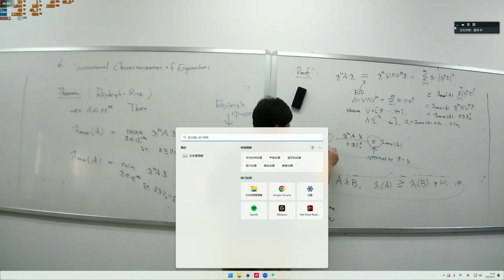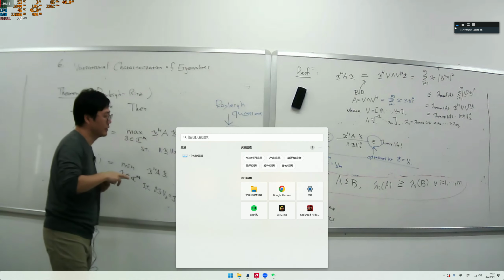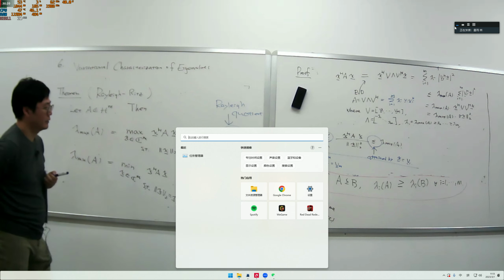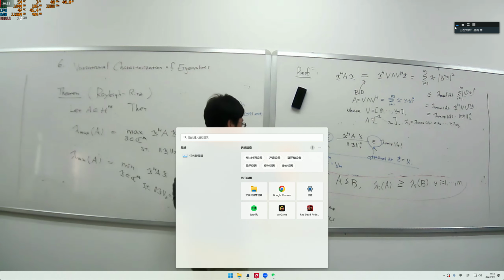And again, this is attained when x equals Vm, the eigenvector associated with the smallest eigenvalue. So we have this inequality.